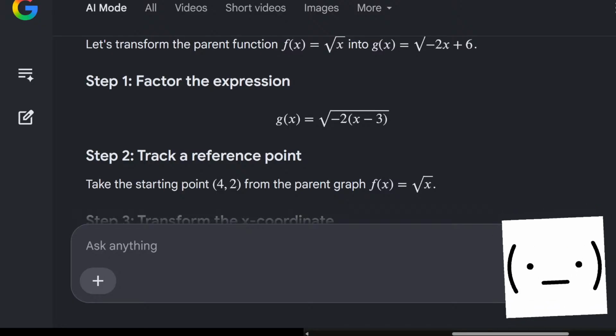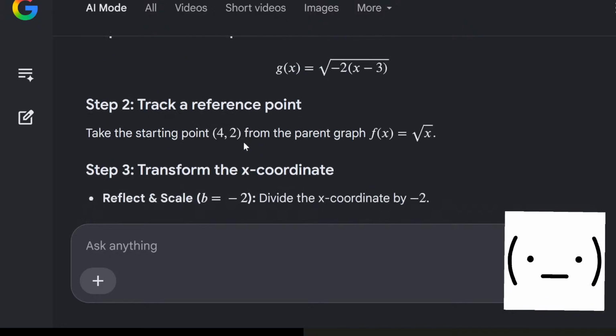For example, let's take 1, right? Like maybe let's take 4.